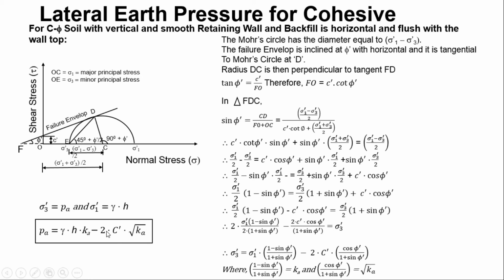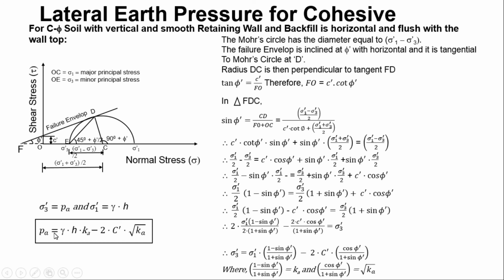So just observe the difference. If the soil were only cohesionless soil, that is phi soil, then Pa is equal to gamma H Ka. The additional part, minus 2c dash root Ka, is due to the cohesive part of the soil, or due to the cohesion of the soil.